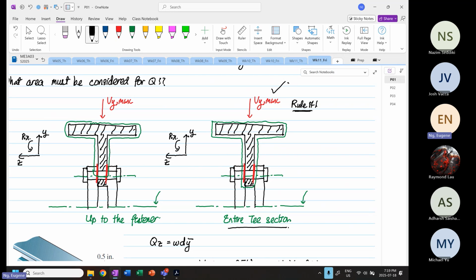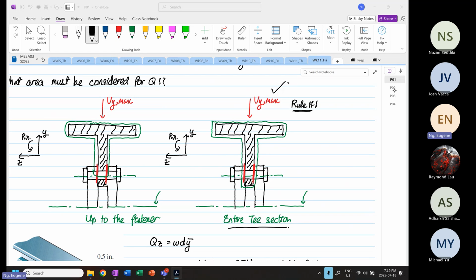Okay, right. So the next problem that I like to do, and this is part of the homework, initially it might look daunting, but again, once you understand the concept, it is not that bad.